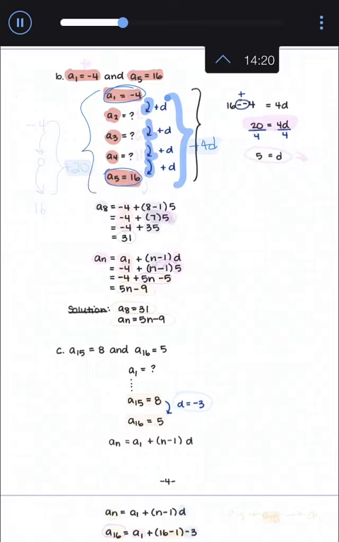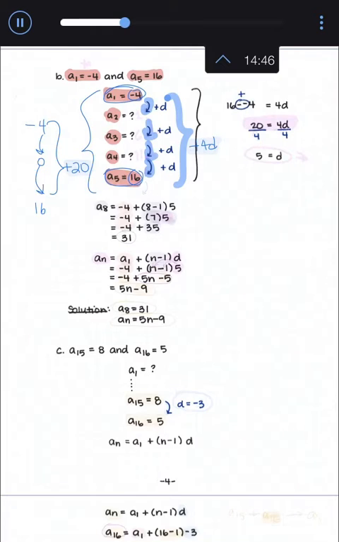Well, what is the gap of numbers? We went from the beginning to the end, from the -4 to the 16. We went from -4 all the way up to a positive 16. So we went from -4 to 0, and then from 0 to 16, which is a total of 20.